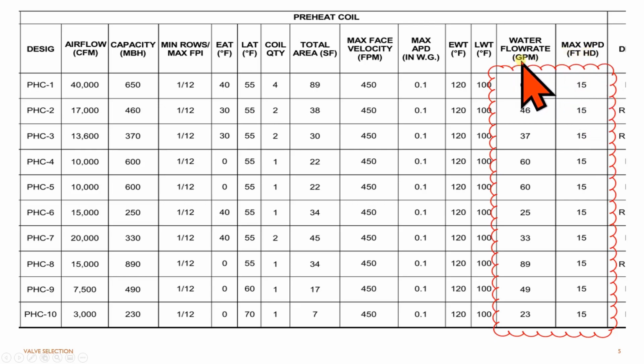The flow rate is given in gallons per minute, and this is feet of H2O. So based on your schedule, what you're using, or which valve you're using, you have to convert these into the specific pressure drop you're looking for.